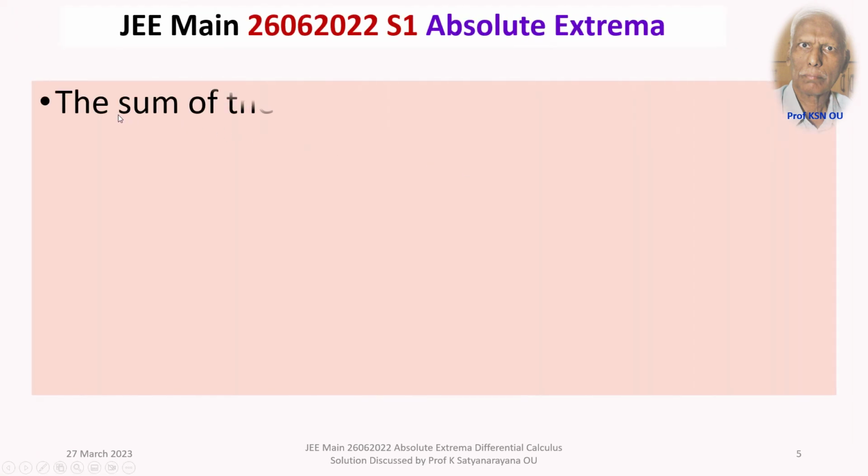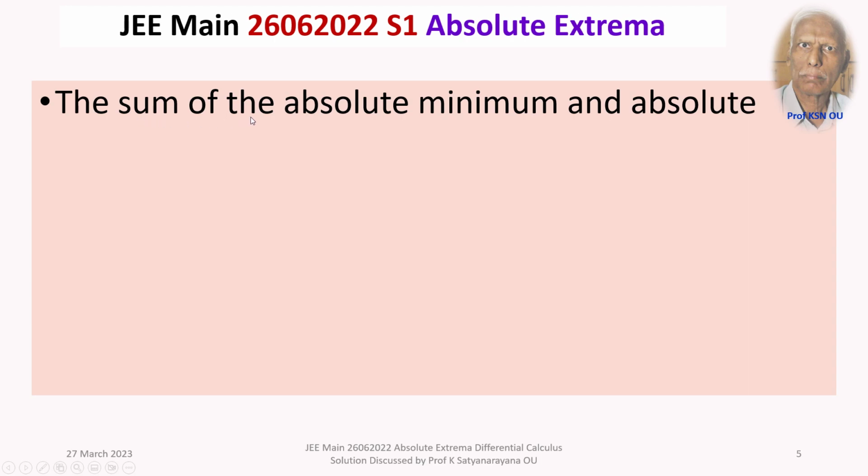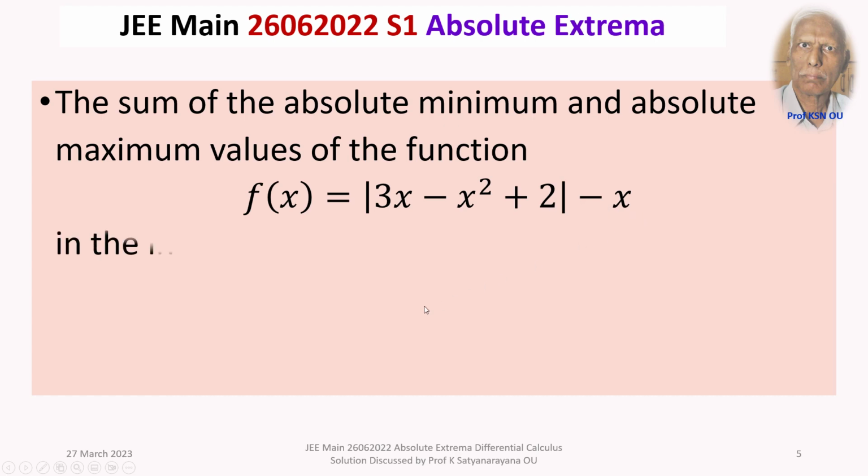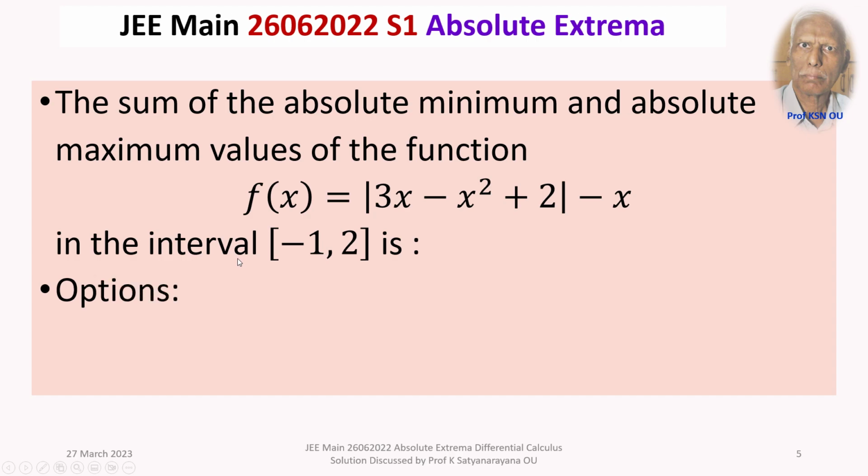The given question is: the sum of the absolute minimum and absolute maximum values of the function f of x is equal to modulus of 3x minus x square plus 2, minus x, in the closed interval minus 1 to 2 is, and we are given four options.